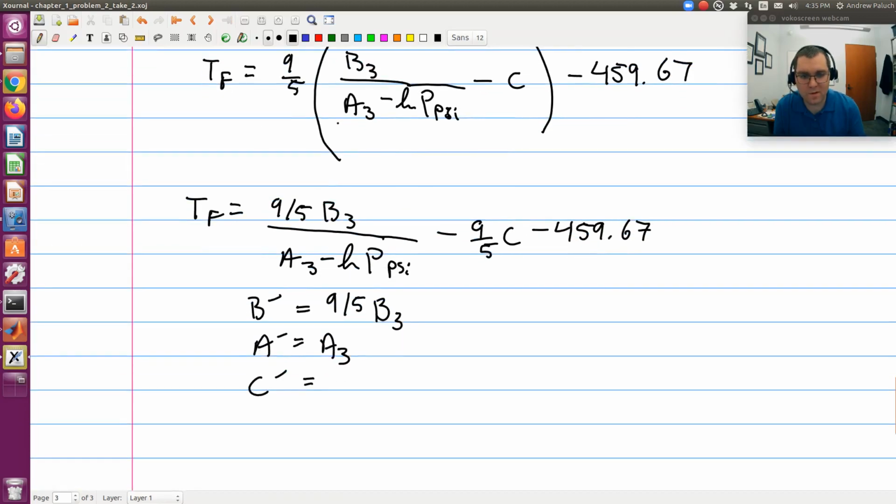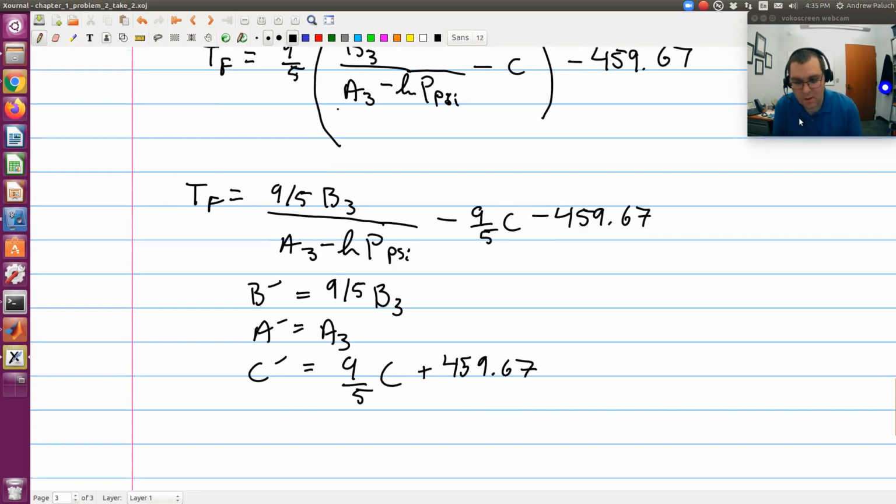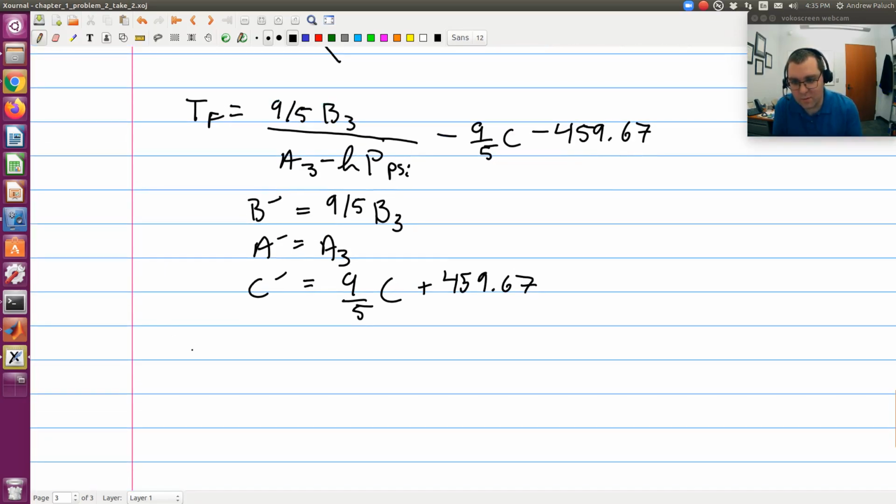I'm going to define C prime as equal to, the sign's going to be opposite since it's negative, minus 9/5 C plus 459.67. And in doing so, that gives me an expression where the output temperature is in degrees Fahrenheit: B prime over A prime minus natural log of pressure in PSI minus C prime. Whew, that's a lot.